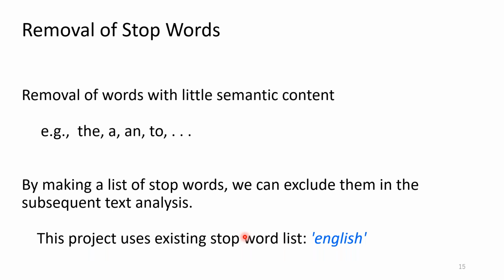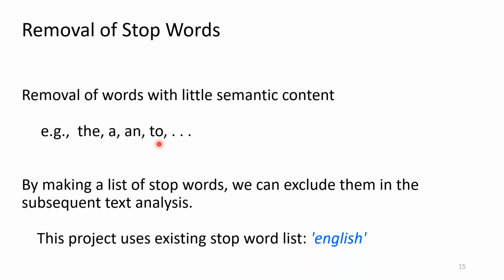And one more thing, in general, text data contains many words which are very common in various sentences and have little semantic content. Examples of these words are the, an, to, and so on. These words are necessary in grammar, but they have little semantic content.